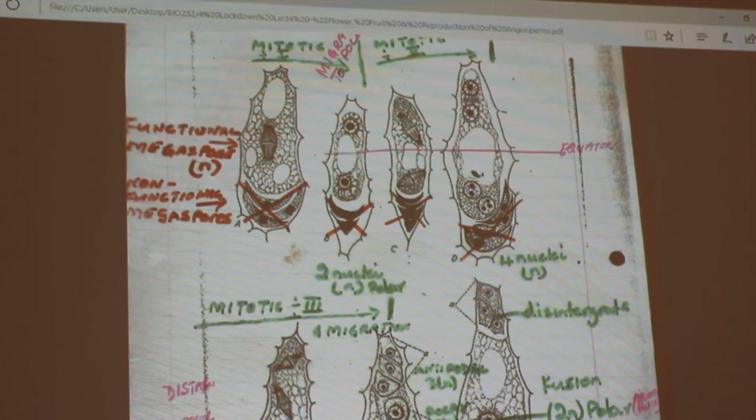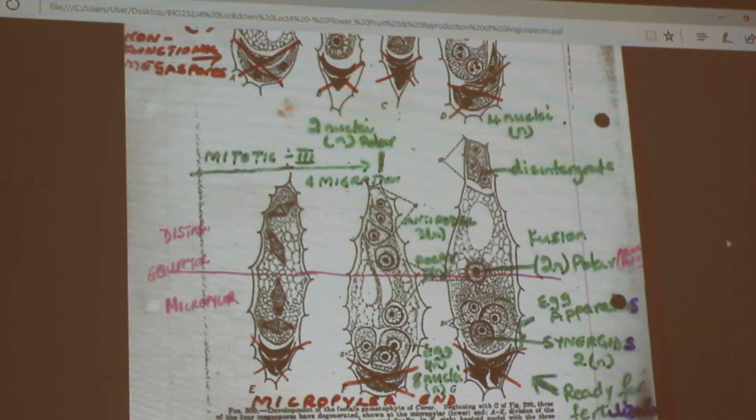That is not the end in the maturation process. These 4 cells continue to divide such that above the equator we will have 4 cells. Below the equator, which I drew there, we have 4 cells.